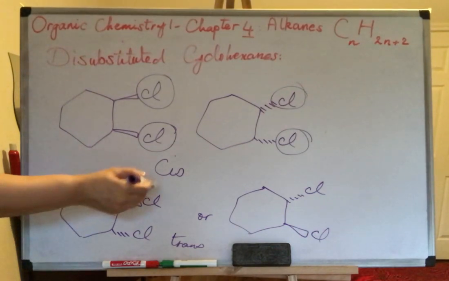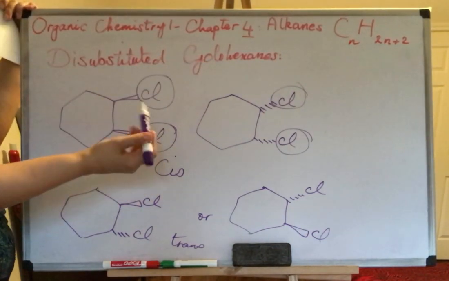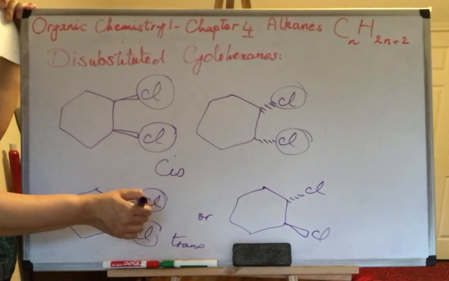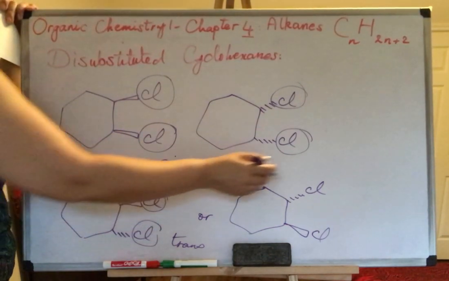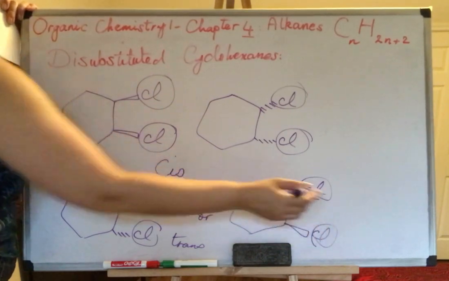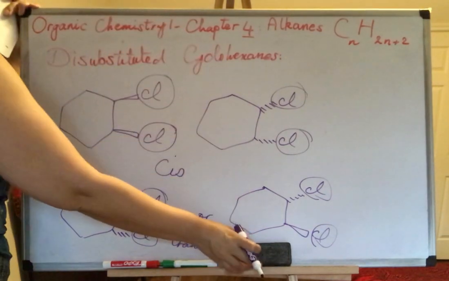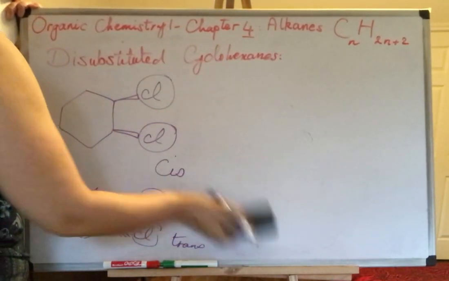The substituents are on different sides, one to the front, one to the back, they are called trans. The same concept applies for cyclohexane chair.